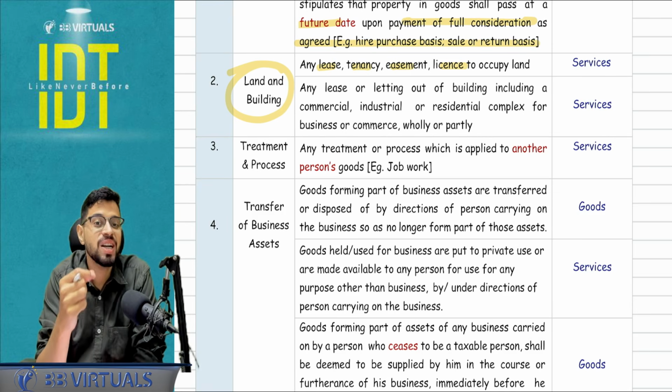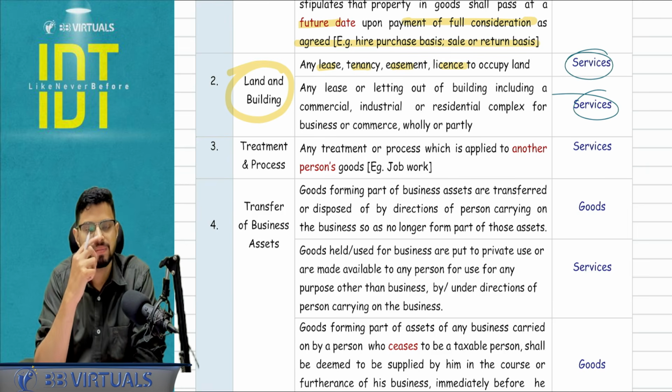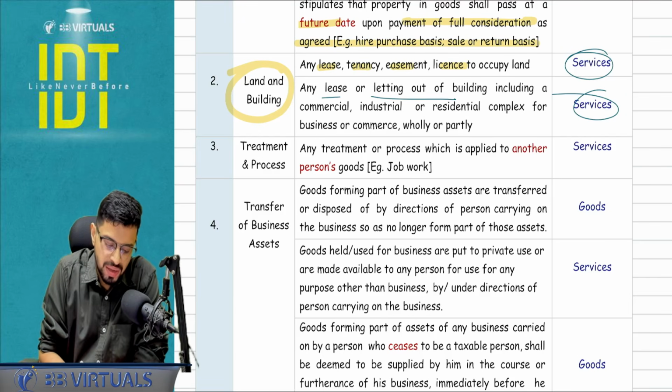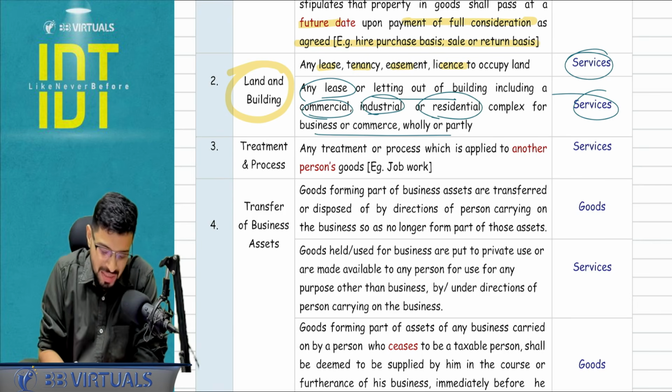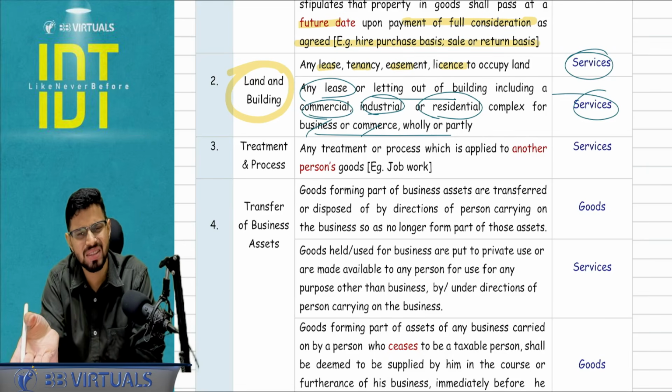These are different forms of supply. But it is a supply of what? It is a supply of service. Letting out building, leasing, commercial complex, residential complex, anything. Or business, commerce, even if it is for residential purposes, does not matter, it is service.